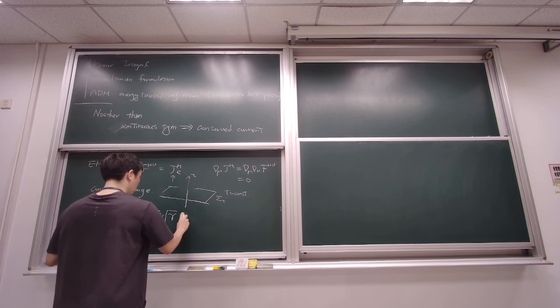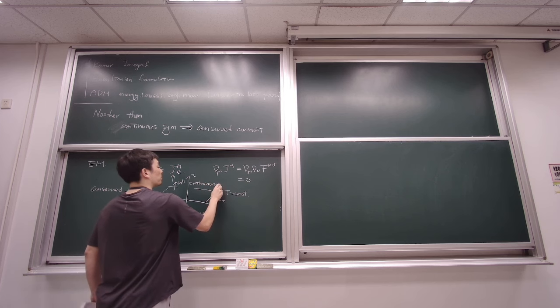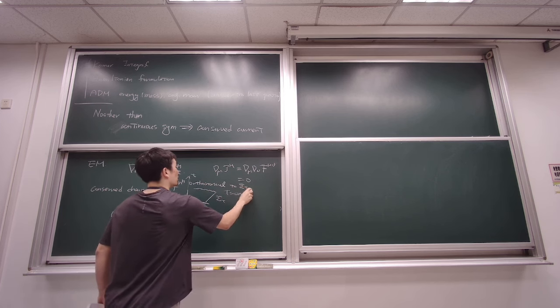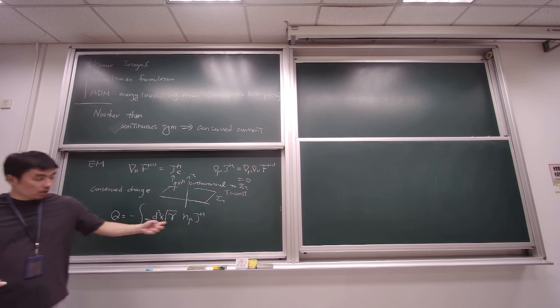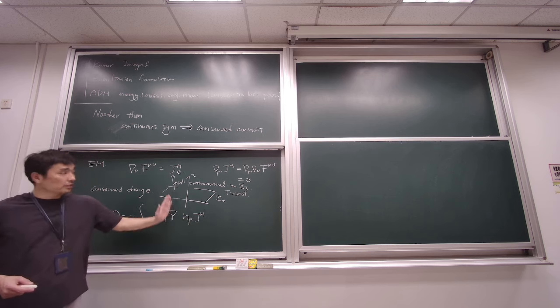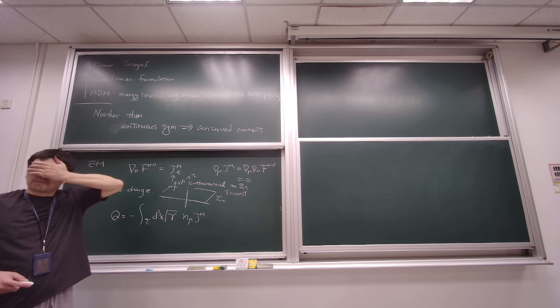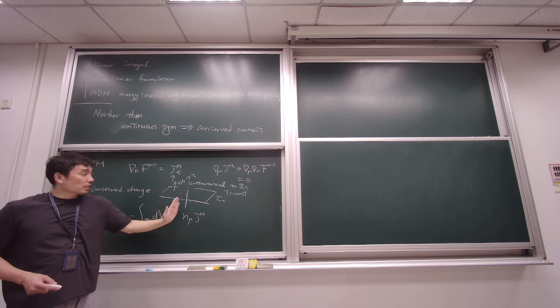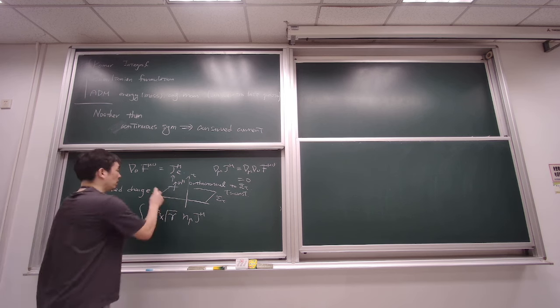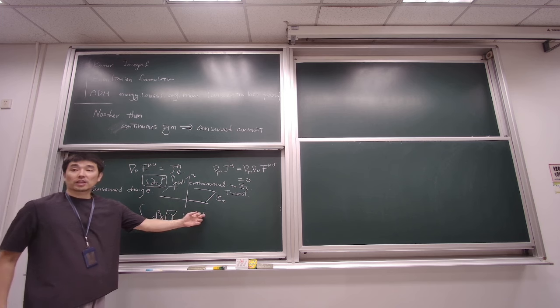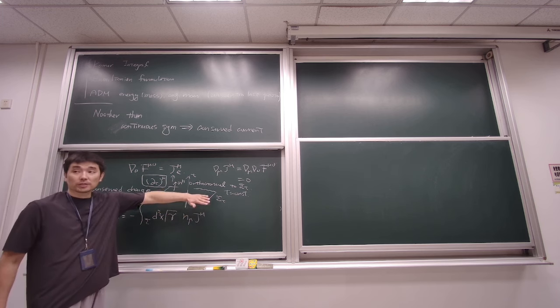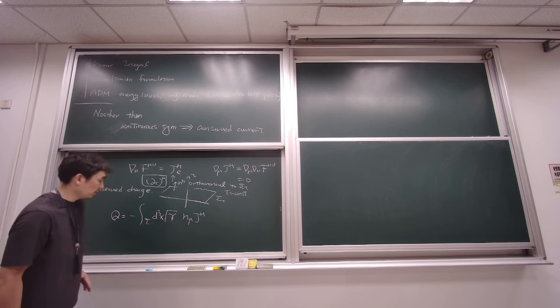So n mu is the unit vector normal to sigma t. If it is the Minkowski case, n mu is just delta t, and therefore you just pick the t component and integrate over the spatial hypersurface, and you get the charge Q.